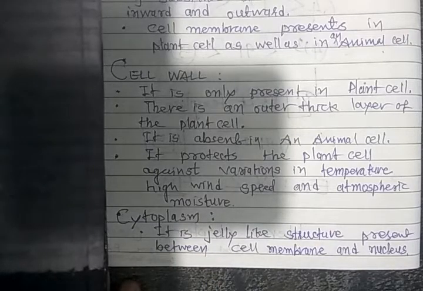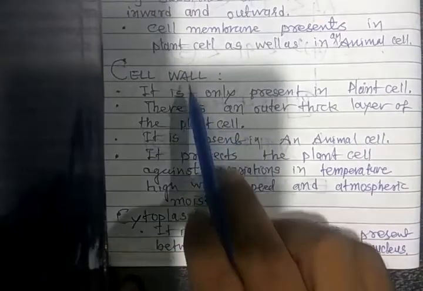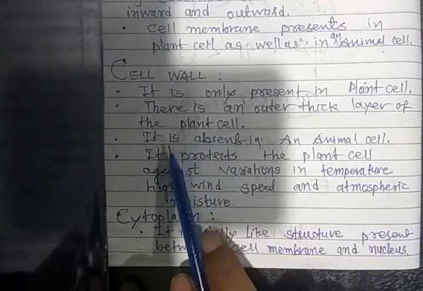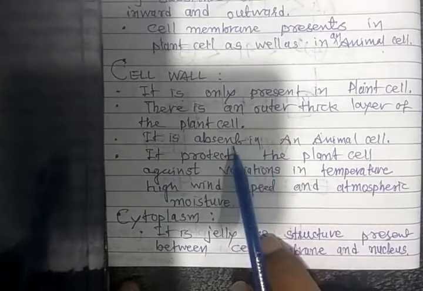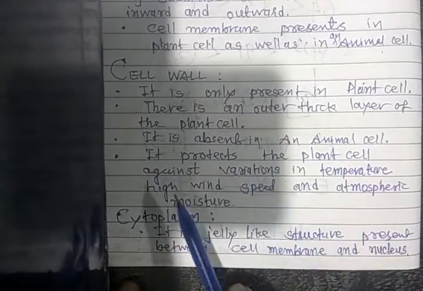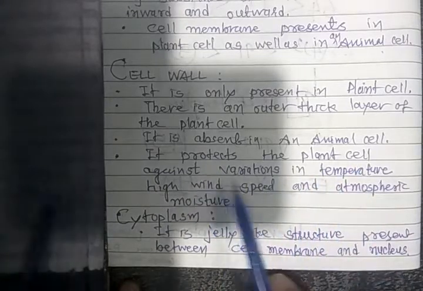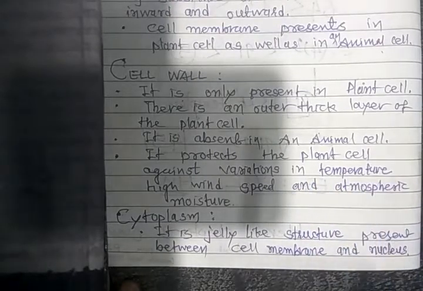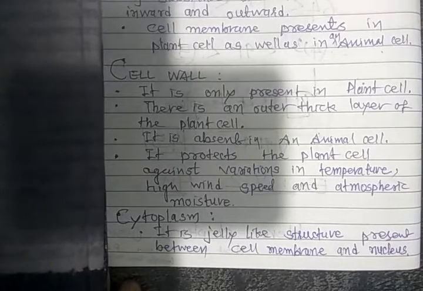Cellulose and pectin are natural chemicals. It is the outer thick layer of the plant cell. It is present in plant cells but absent in animal cells. The function of the cell wall is that it protects the plant cell against variations in temperature, high wind and atmospheric moisture.